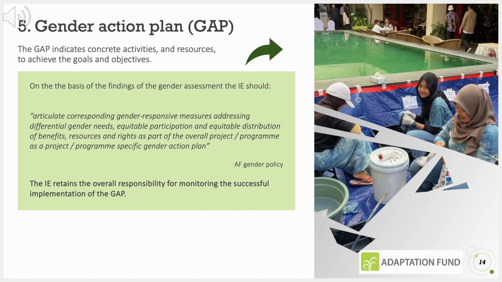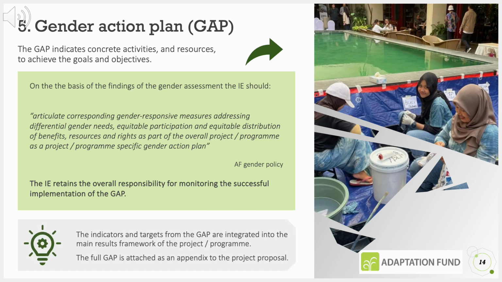On completion of a gender action plan, the indicators and targets are integrated into the main results framework of the project or program. The full Gender Action Plan is added as an appendix to the full project proposal.